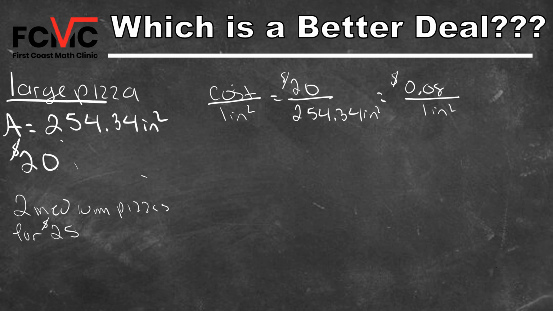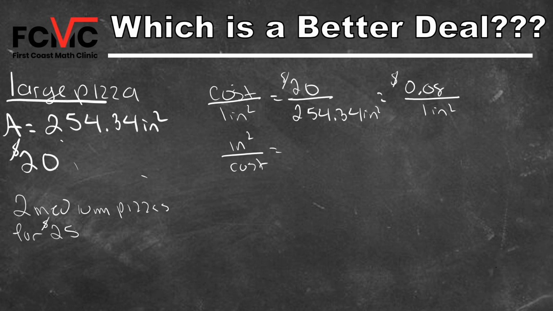Or where we flipped that and we said, all right, well, how many inches squared, or how much area, how much pizza can we get per $1, per our cost?